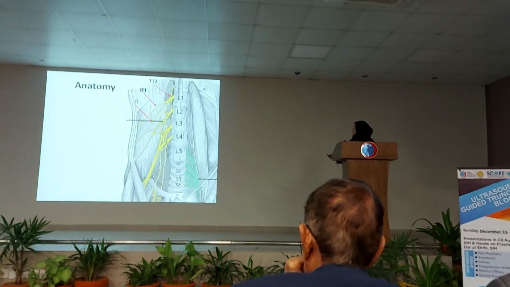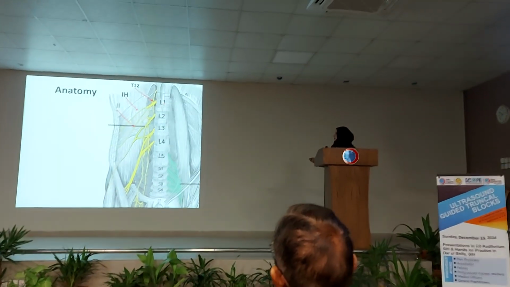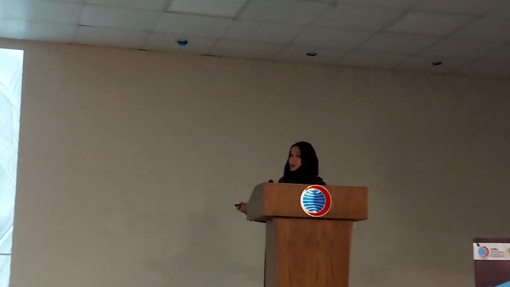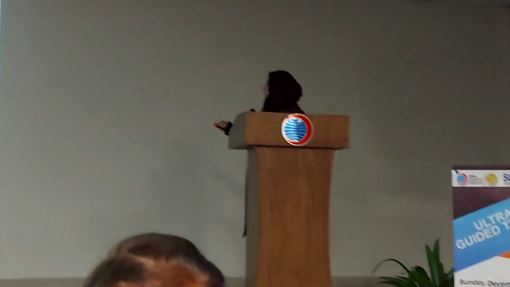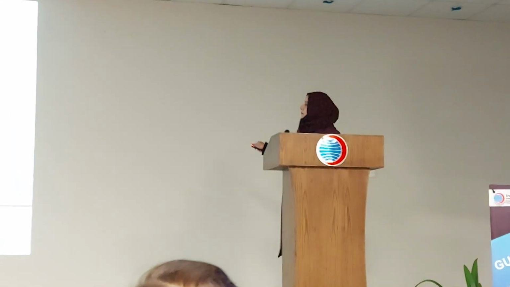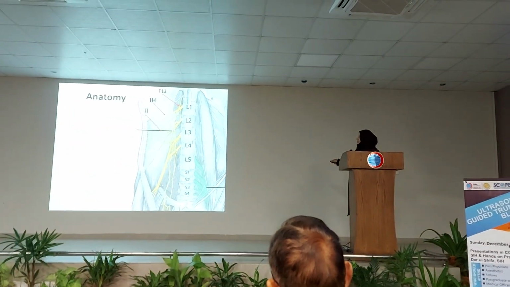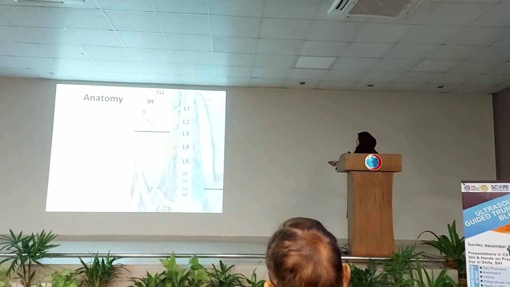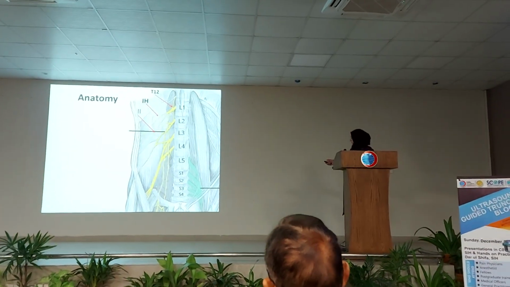Now about the ilioinguinal and iliohypogastric nerves. As you can see, these arise from the L1 nerve root, that is the anterior primary ramus of the L1 nerve root. And as you can appreciate here, there is also a branch coming from the T12 nerve root that joins the iliohypogastric nerve, and this is the ilioinguinal nerve.